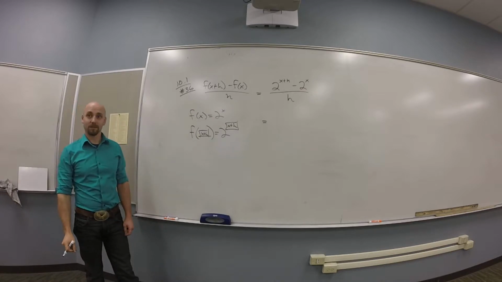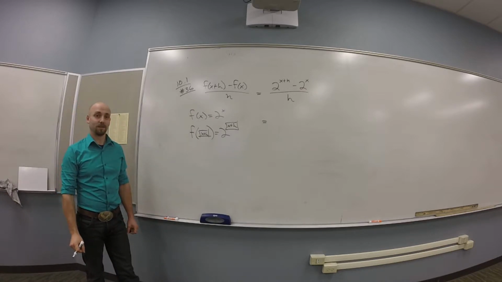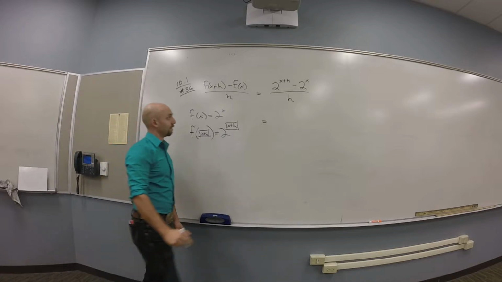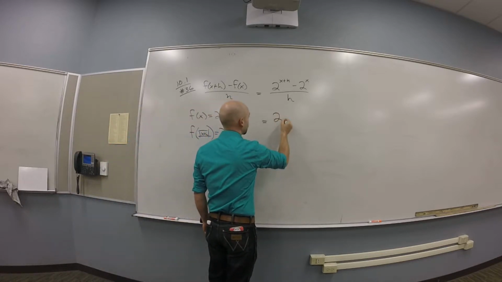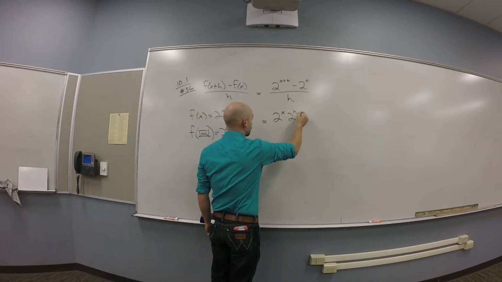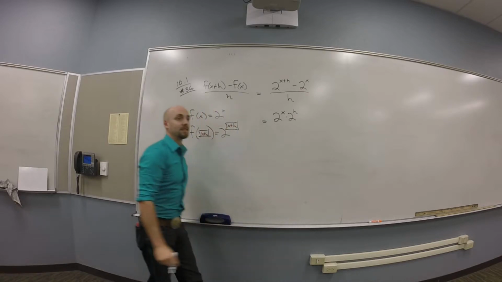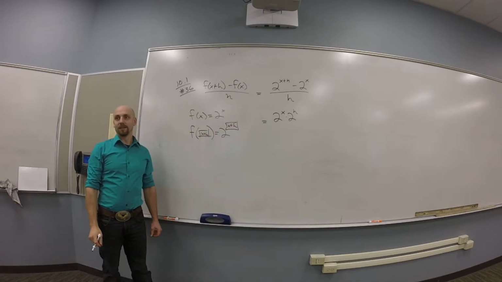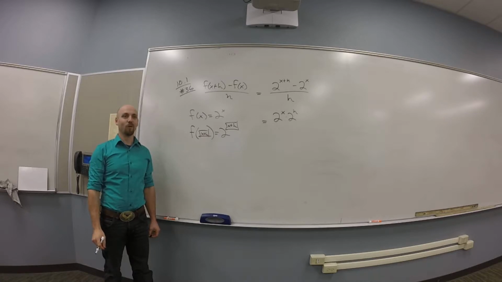Then, exponent rule. 2 to the x times 2 to the h, as Bailey says. That is what we usually think of as the backwards way of an exponent rule.